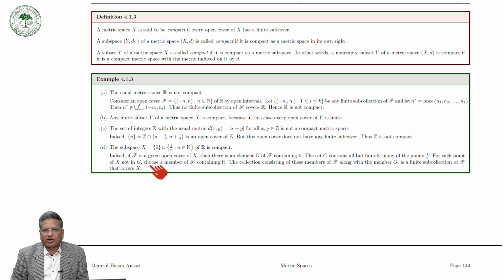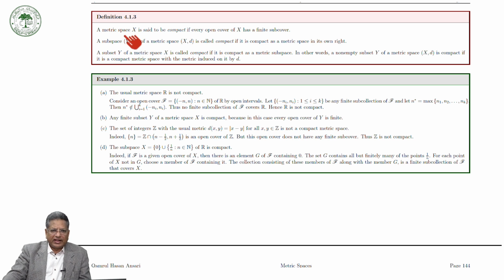And if (Y, d_Y) is a subspace of a metric space (X, d), that is to say (Y, d_Y) is itself a metric space, where Y is a subset of X and d_Y is the restriction of d on Y, then the subspace (Y, d_Y) of the metric space (X, d) is called compact if this space (Y, d_Y) is compact as a metric space in its own right.